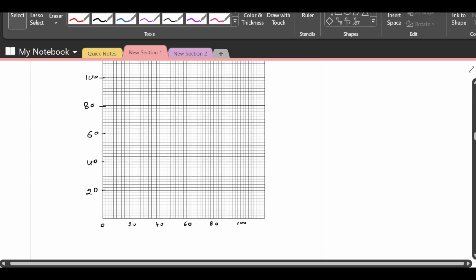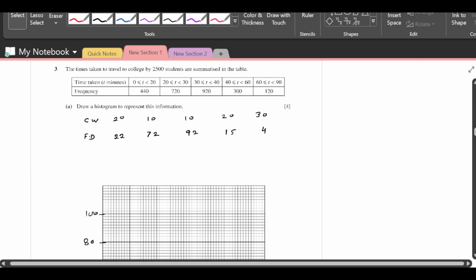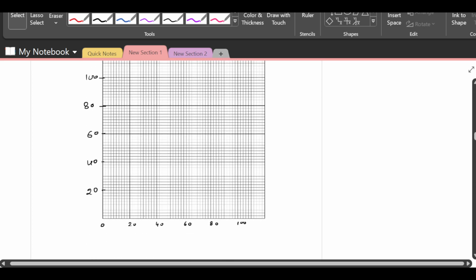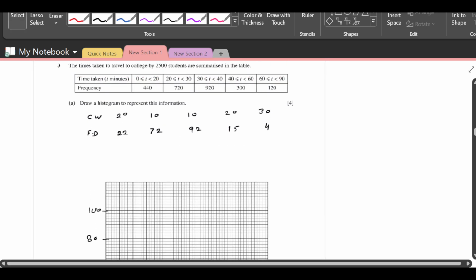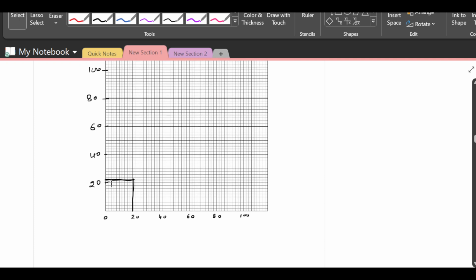Now 0 to 20, we have frequency density 22. So this is 20 and this is 30. So 22 is somewhere here. So I will draw one box like this. Then 20 to 30 we have density as 72.